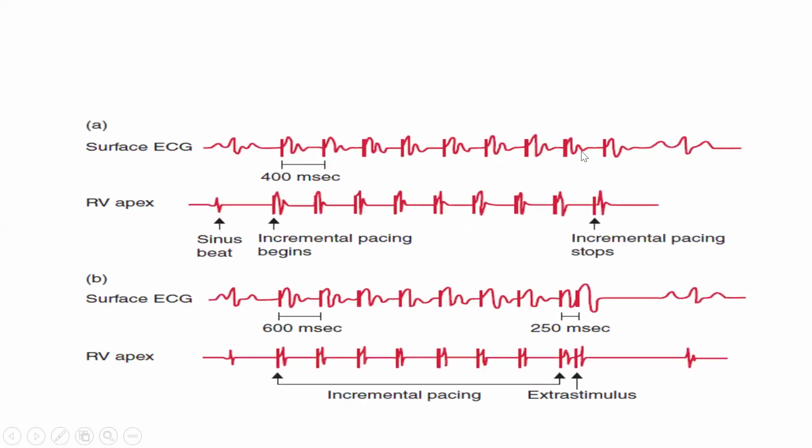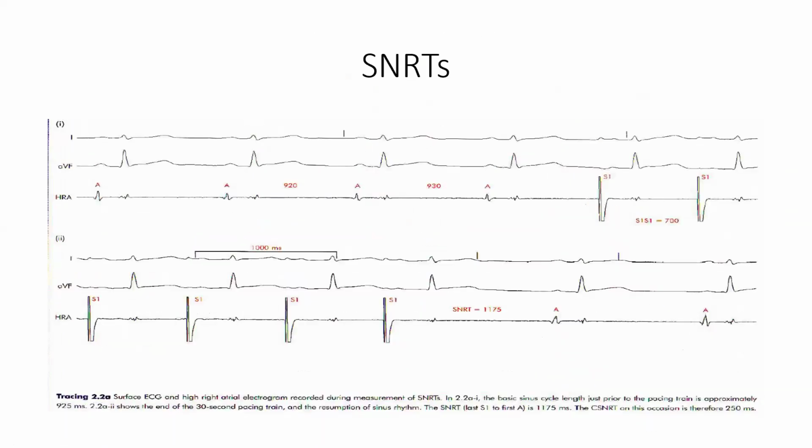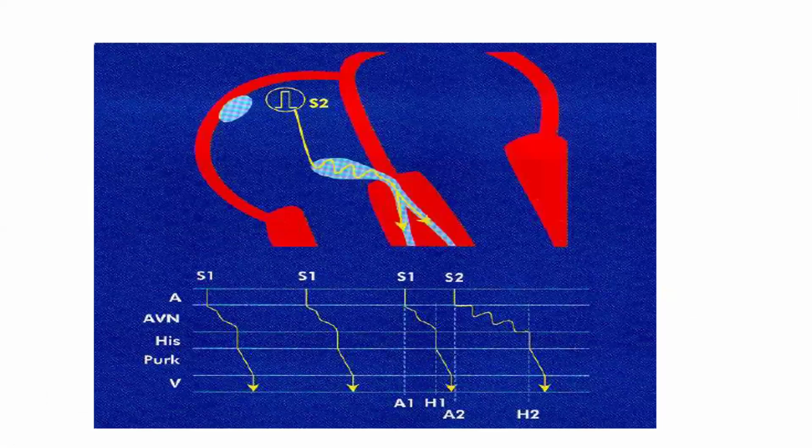So let's go to an example here. Remember, this is baseline. There's no pacing here. Apologies, they started pacing here, S1. So everything related that they record here is A1, H1.